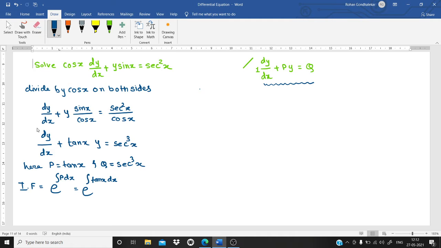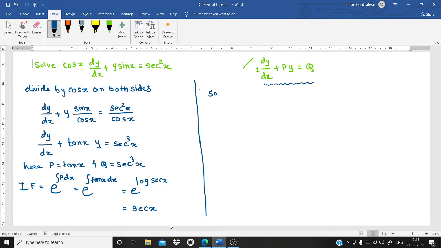So we get e raised to log of sec x. Now e raised to log vanishes and we have only sec x. So our integrating factor is sec x.